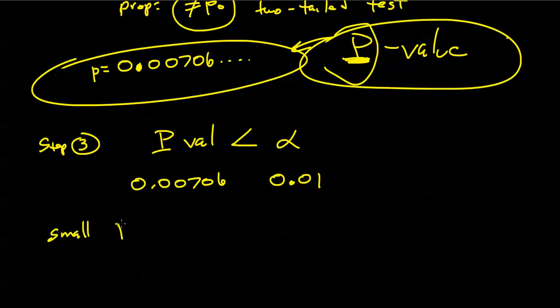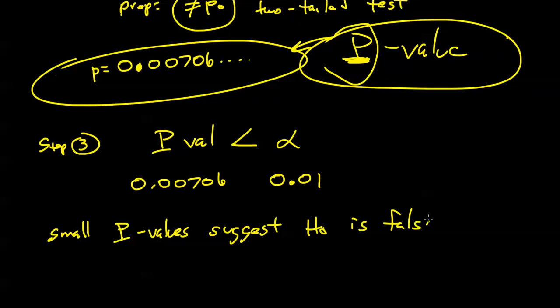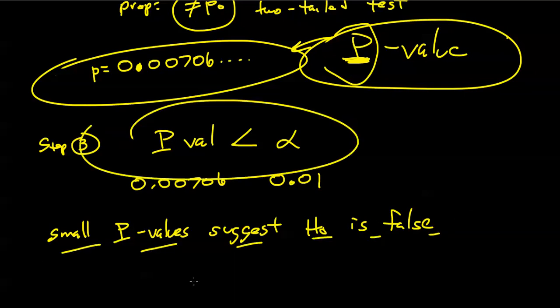Now remember, small p-values suggest H0 is false. If you got a small p-value, your z-score is extreme, your sample data is extreme, and hence you might think something is wrong with the null assumption, the assumption that the null claim is true. Small p-values suggest H0 is false. How small? Smaller than alpha.